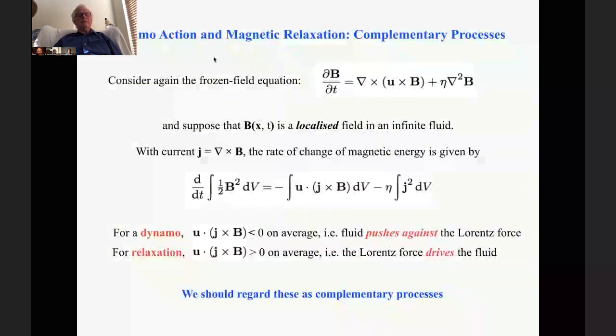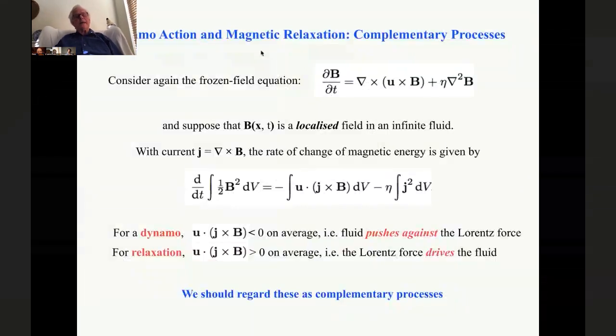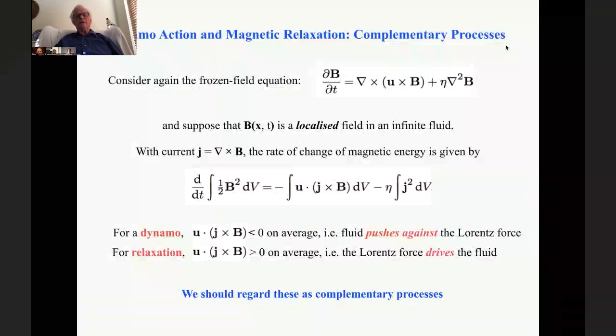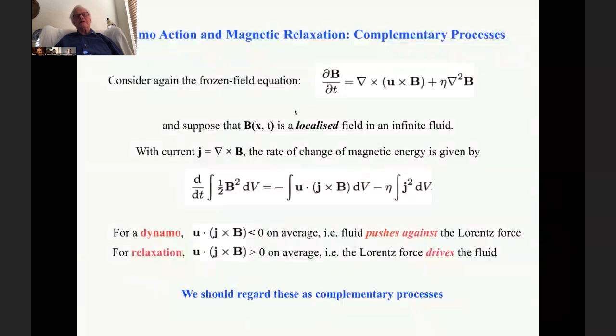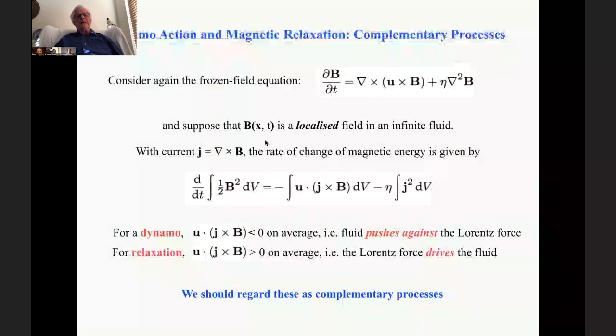Well, now let me come back to dynamo action and also magnetic relaxation, which I see as complementary processes for the following reason. Here again is the frozen field equation if eta is 0. Let's here suppose that B is a localized field in an infinite fluid.